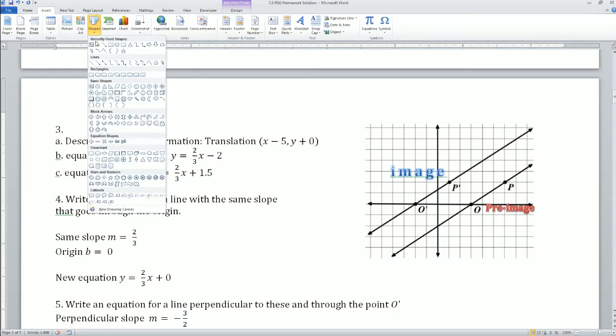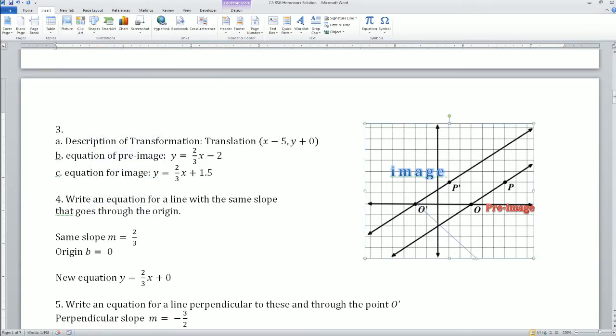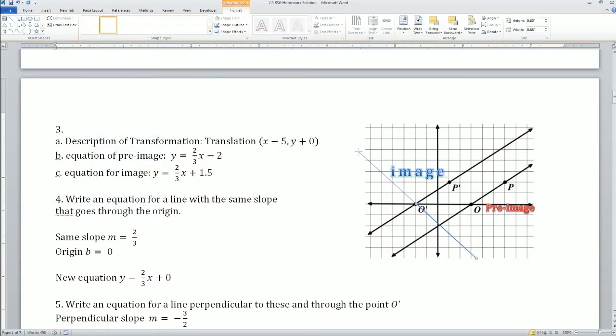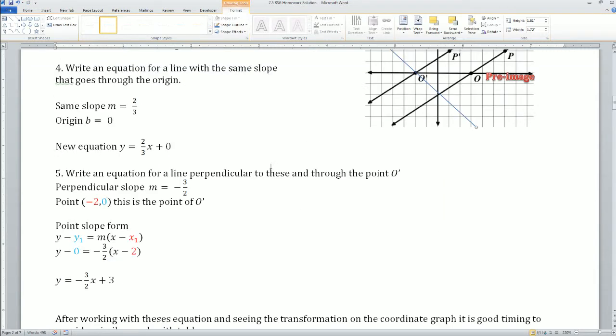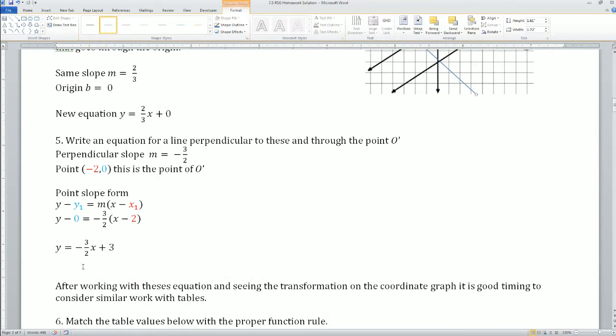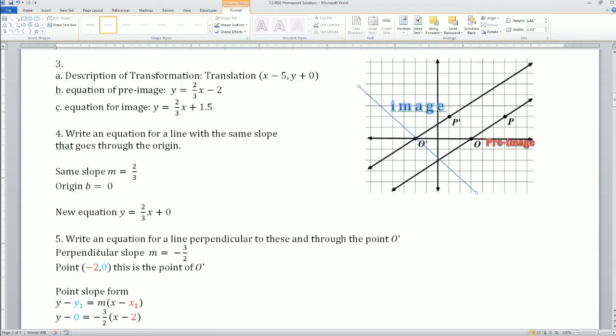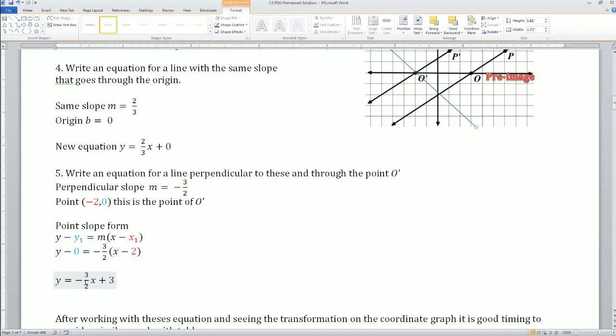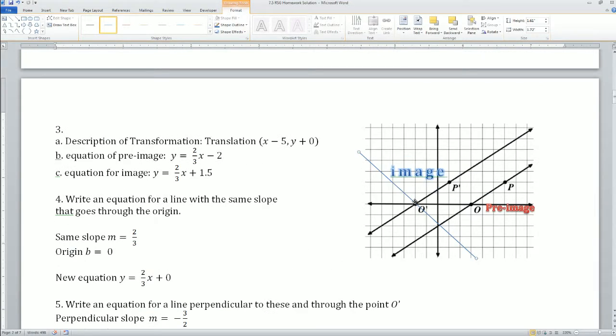I think I could draw it for you. It looks roughly like this. Negative 3. Wait, the slope is 3, but the y-intercept is 3, so it should be up.